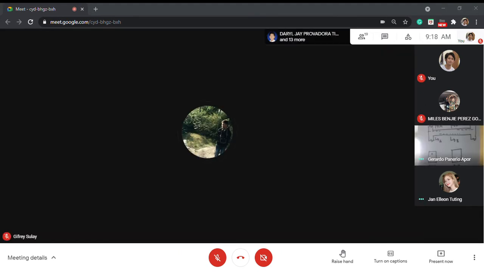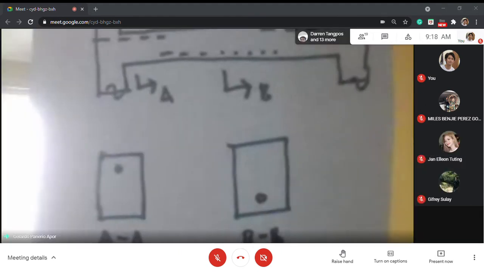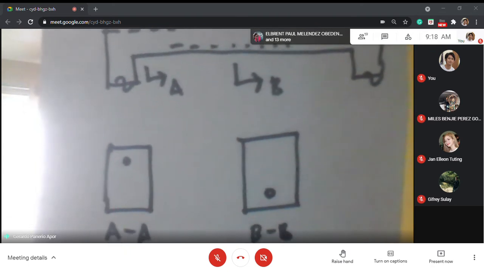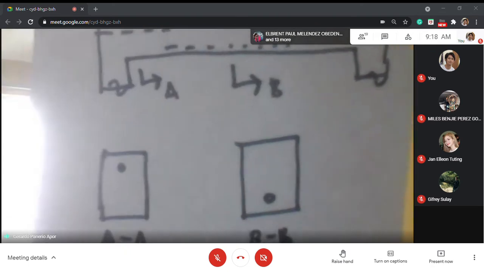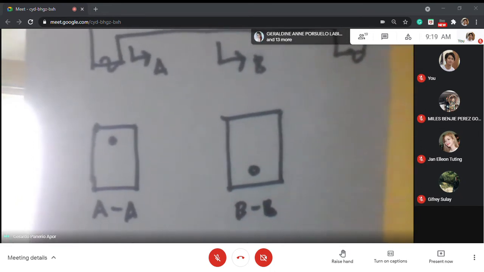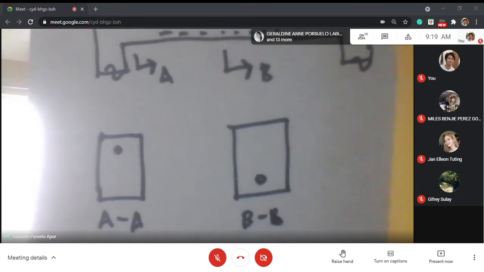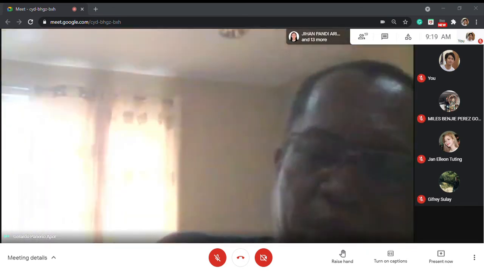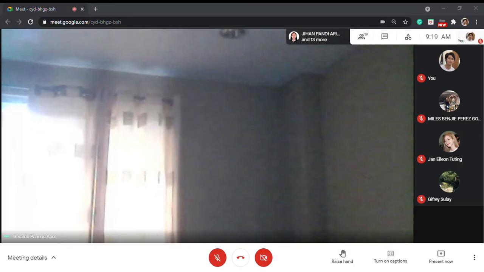Yes, sir. Okay, we need the reinforcement at the bottom because it's the bottom that is in tension. This is for a singly reinforced beam. But if doubly reinforced, you can put it at the top or at the bottom. And again, it's very important where you put it, top or bottom.